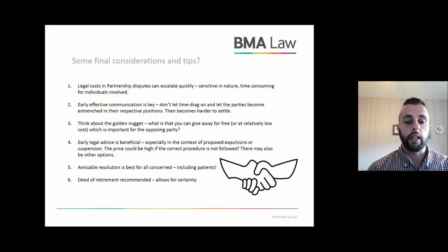So if an existing partner is refusing to accept an incoming partner, and a unanimous decision is necessary, then obviously that's a difficult position, and potentially that incoming partner can't come in until that unanimous decision has been made. In those circumstances, it would come down to an analysis of what the position is.